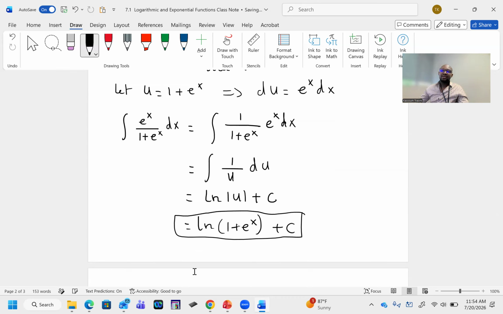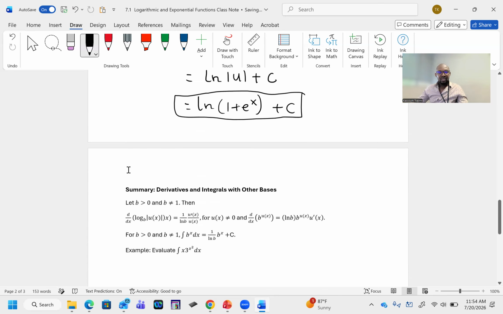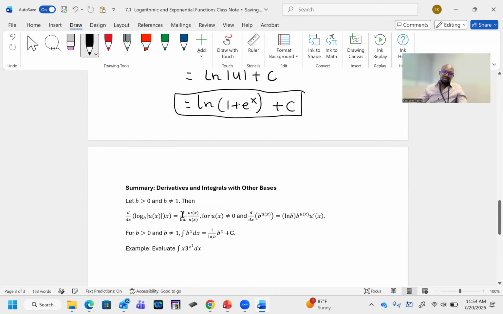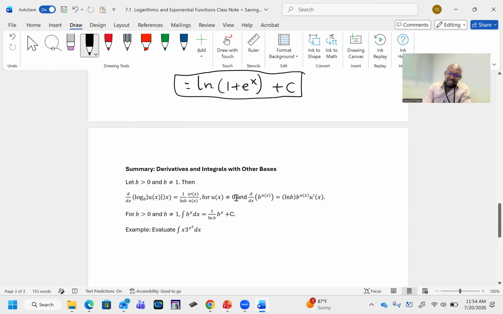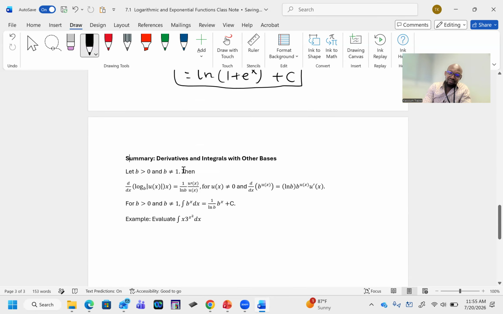So then next we will talk about the summary: derivative and integral with other bases. Let b be positive and b different from 1, which is the base. Then the derivative of the logarithm with base b of u(x) is equal to, sorry, there is a typo here.